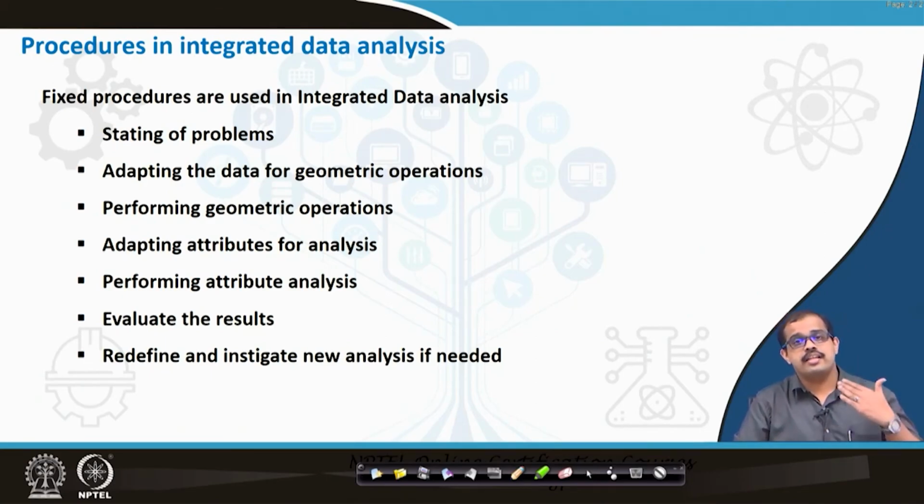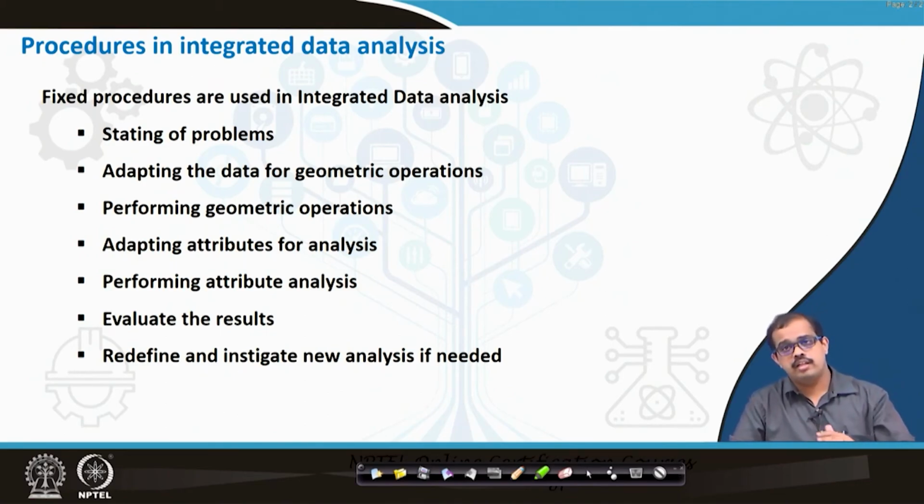One is stating of problems. Okay. First, you have to state what problem you are trying to understand. If the problem is sensible to be understood, that is the first step that you always have to look at. Then adapting the data for geometric operations.